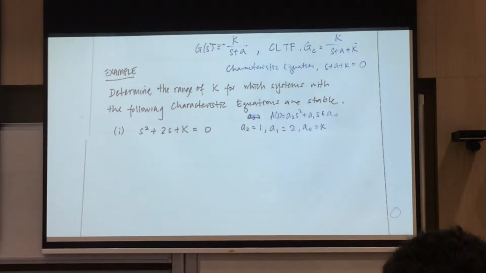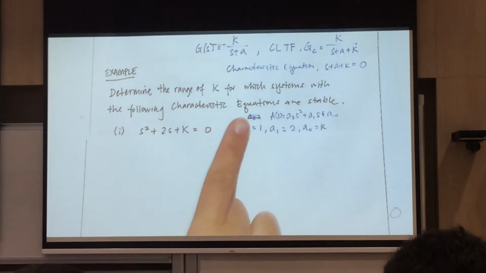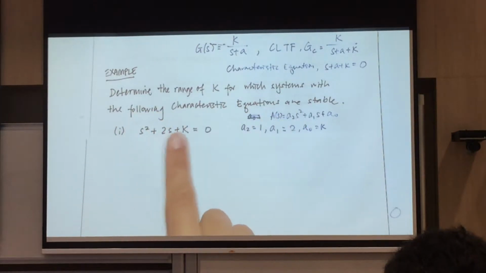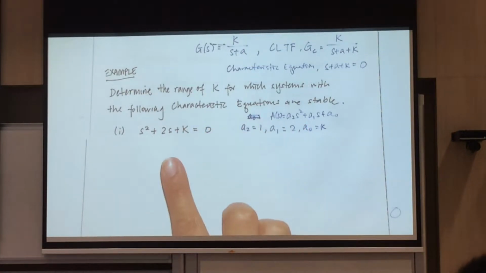But in the question, we are asked to determine the range of K for which systems with the following characteristic equations are stable. So you are already given the characteristic equation.